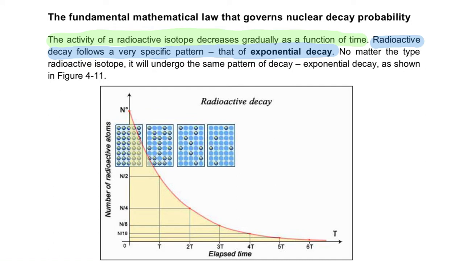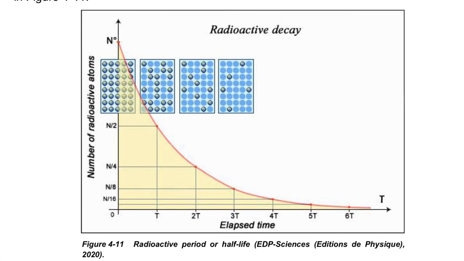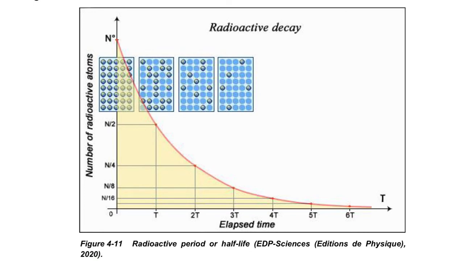And no matter the type of radioactive isotope, it will undergo the same pattern of decay, namely exponential decay, as shown below. So if we look at this graph below, this is a typical radioactive decay graph.